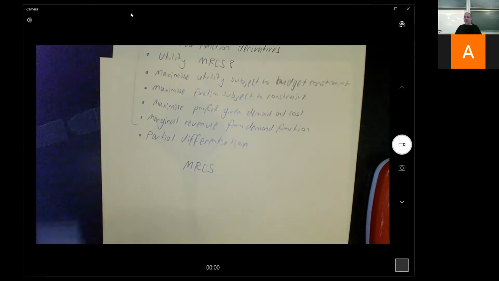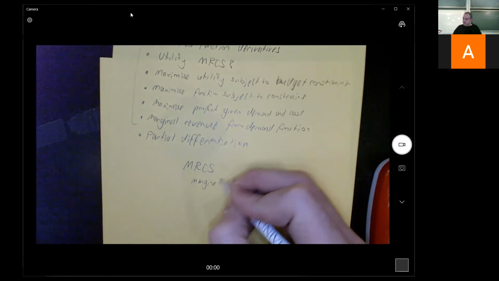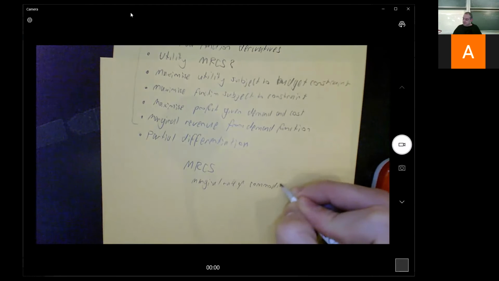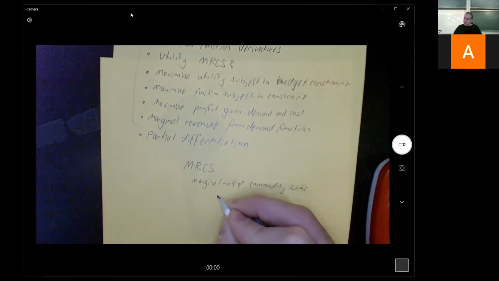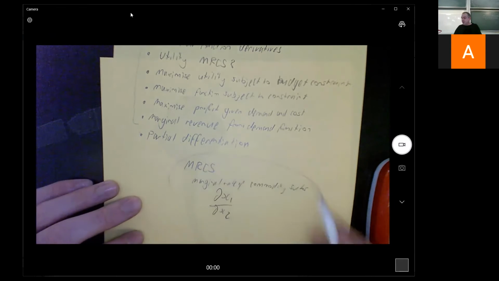I'm presuming marginal something. Yeah, so it's the marginal rate of commodity substitution, which is the partial derivative of x1 over the partial derivative of x2, I think. Yeah. Like that. Okay, good, just for future reference.